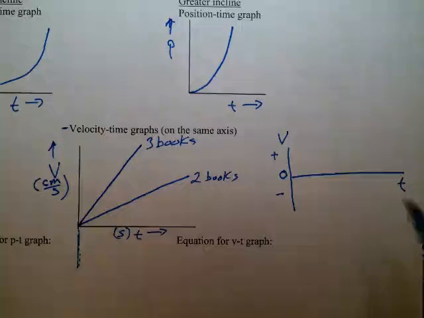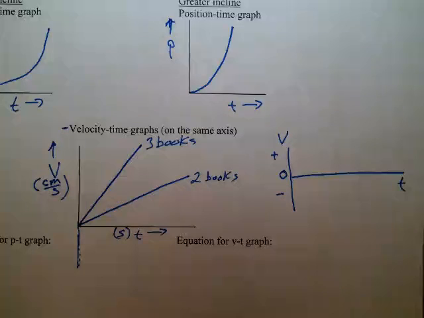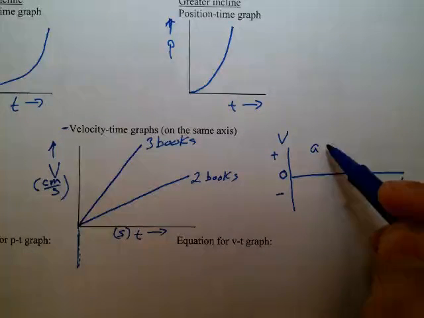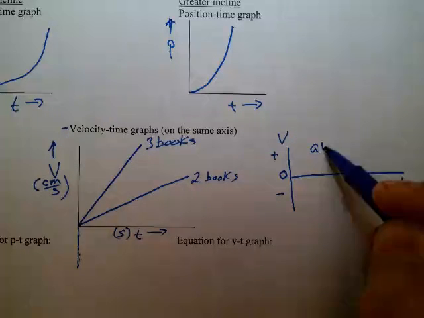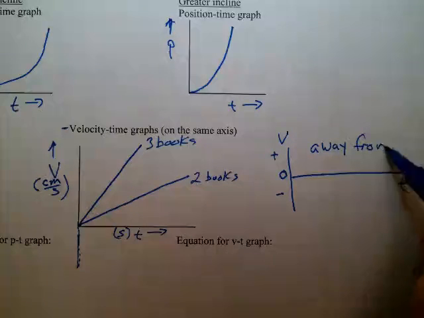So I just have to tell you this because this sometimes gets a little confusing for people. But on a velocity time graph, the thing that we always accept and we all agree on is that this quadrant up here always means that the object is moving away from the origin.